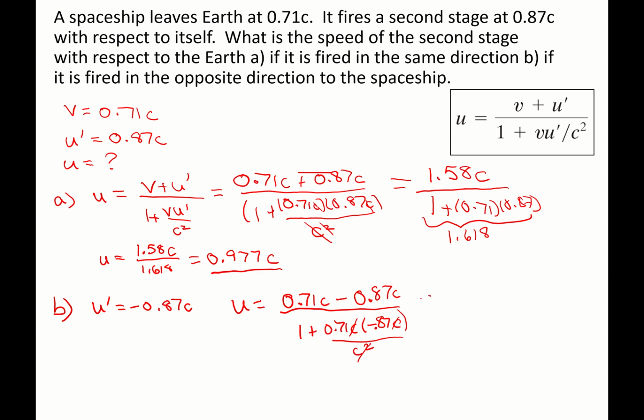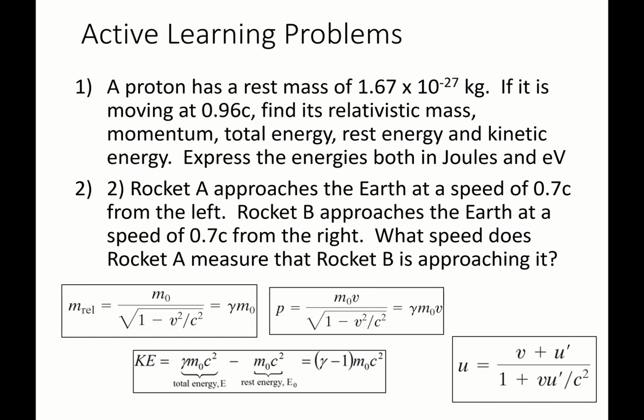And I'm going to get in the numerator negative 0.16 c. In the denominator, I get 1 minus 0.618. And I get negative 0.42 times the speed of light. Okay, so again, the math is fairly simple. Just a matter of assigning the correct variables to the different speeds and then doing the calculations.